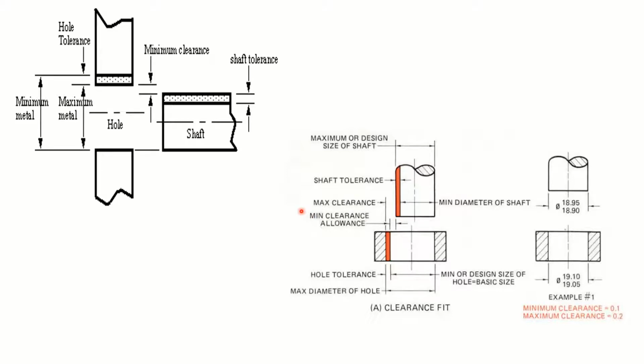Again, in a clearance fit you will get maximum clearance and minimum clearance. Maximum clearance equals the maximum dimension of the hole minus the minimum dimension of the shaft. Likewise, minimum clearance equals the minimum dimension of the hole minus the maximum dimension of the shaft.